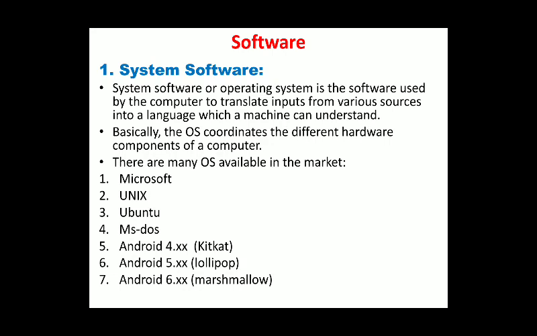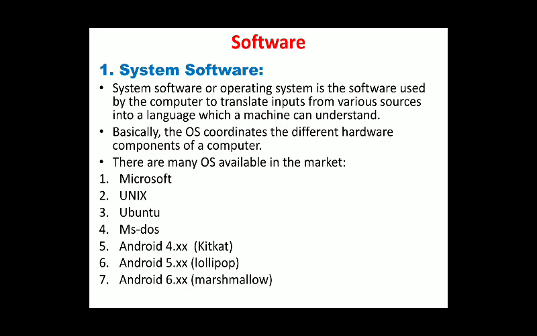There are many operating systems available in the market. Microsoft Windows is the best and latest operating system we can use in a computer. Then Unix is also a good OS that we can use in a computer.